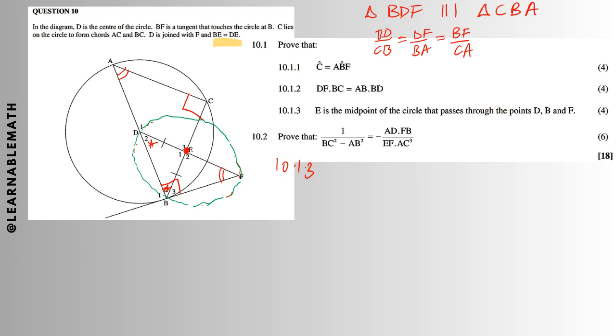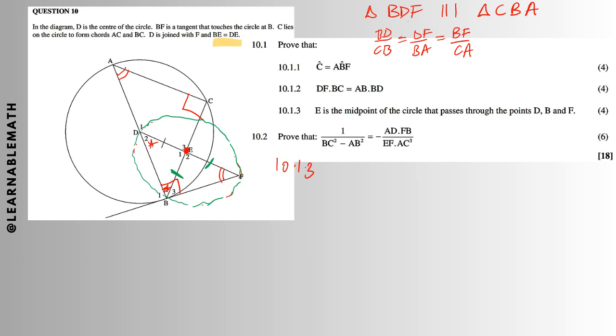Basically, to prove that, we can just prove that this line EF is equal to EB, because we know that radii must be equal. So if that line is equal, then we can conclude that E is actually at the center. That's the idea really.